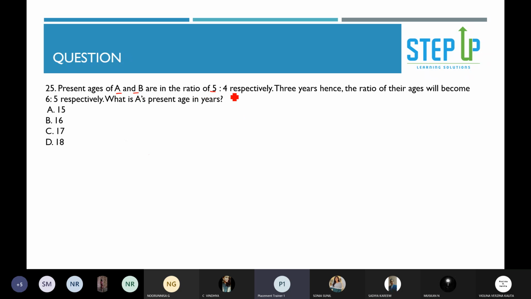They are in the ratio 5 is to 4, so 5x and 4x. 3 years hence, the ratio of their ages will become 6 is to 5. Can you solve this equation? Yes, ma'am. But I'll tell you, the question is, what is A's present age? So A's present age has to be a multiple of 5. The answer is 15.